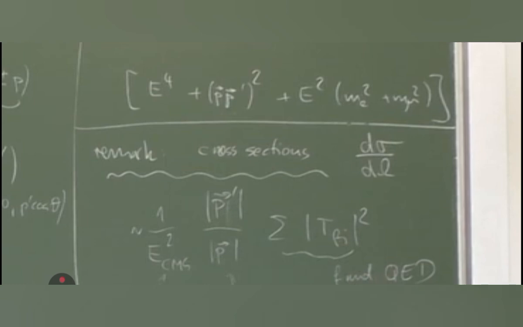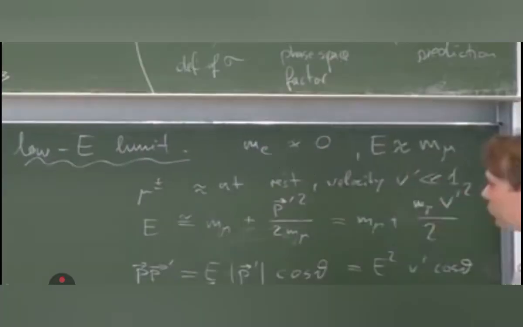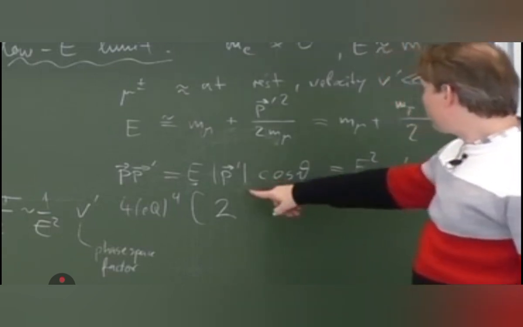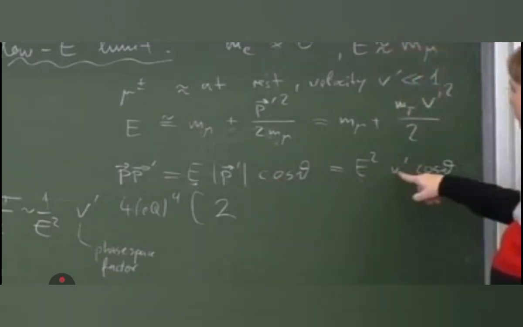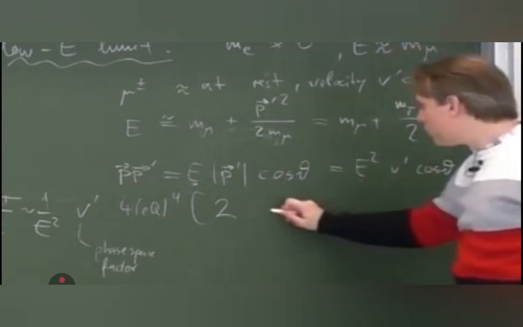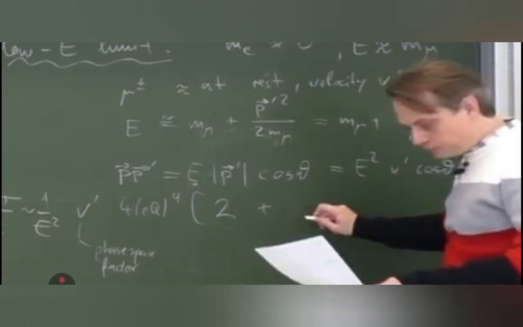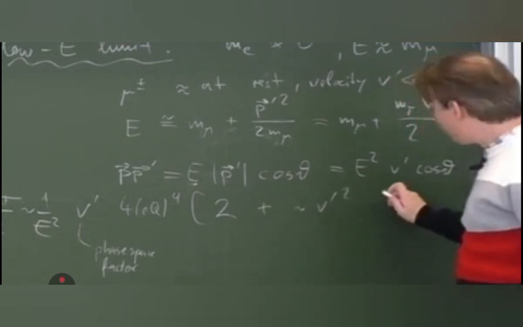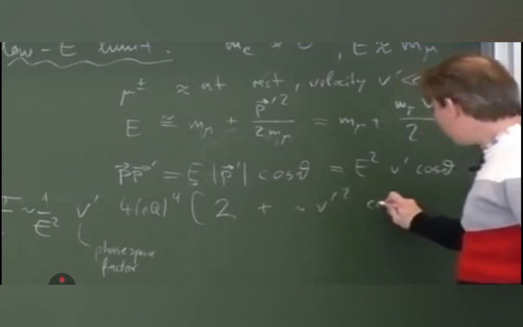The electron mass drops out, and so therefore we get 2 times E to the 4 from both terms, and E to the 4 drops out. And then we have the scalar product, P dot P prime square. P dot P prime is also E to the 4th times velocity square times cosine square. So we have plus the term proportional to velocity square times cosine square theta.